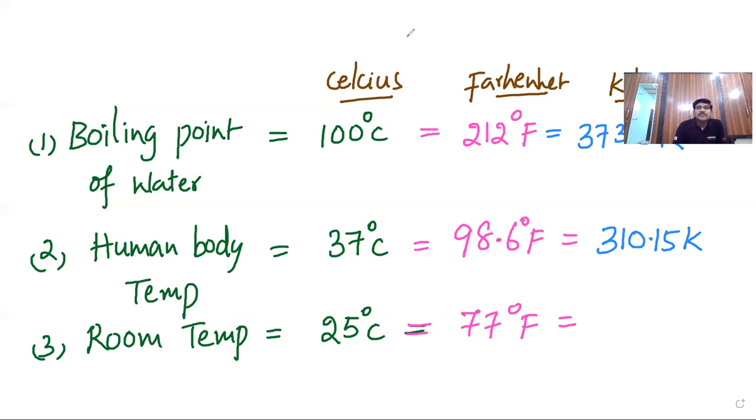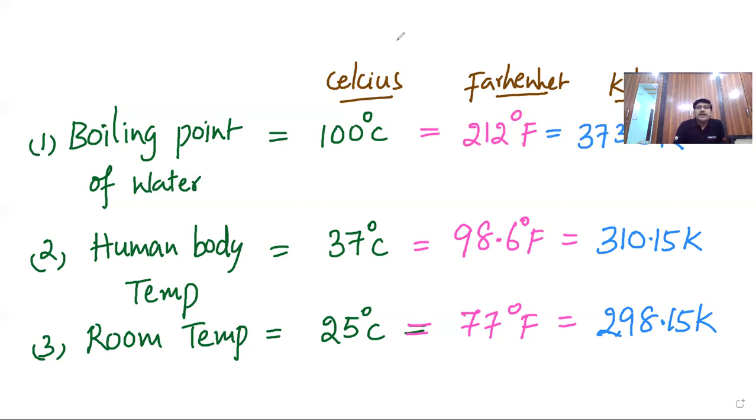And if I express it in Kelvin, add to this 25, 273 plus 0.15, then 298.15 Kelvin. Room temperature.